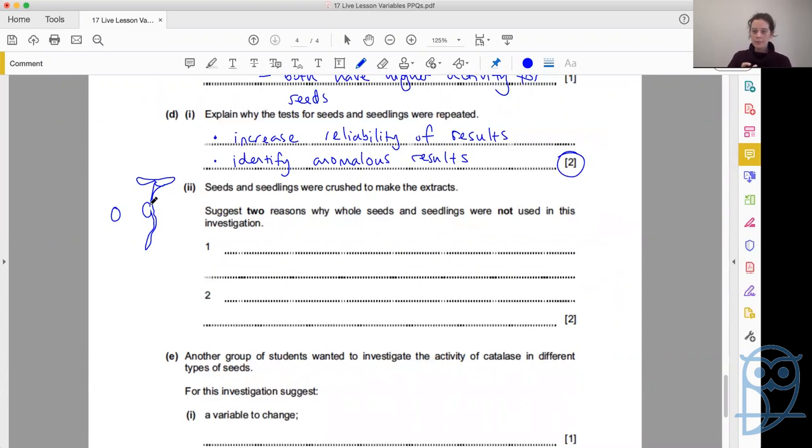Now remember, if we want to compare a seed against a seedling, we must be comparing the same thing. So obviously they look different, okay? The catalase is, where is it? Let me think, hold on. Catalase is an enzyme. Enzymes are inside cells. So first reason we have to crush is to actually get the catalase out of the cells.